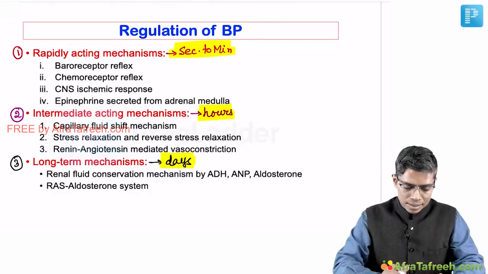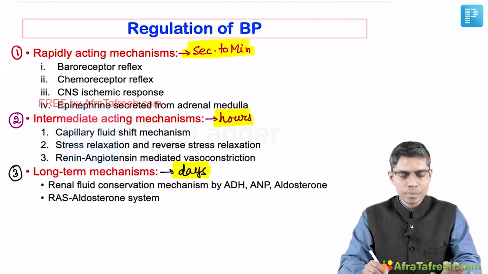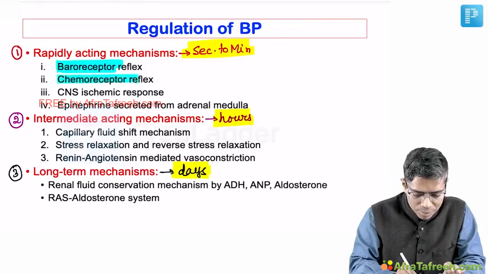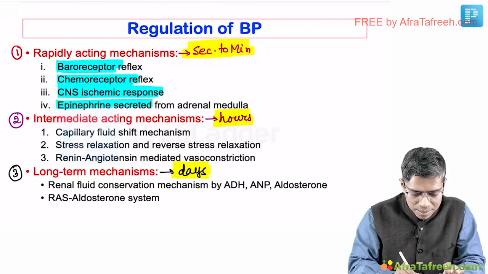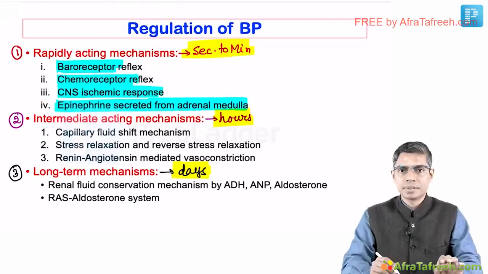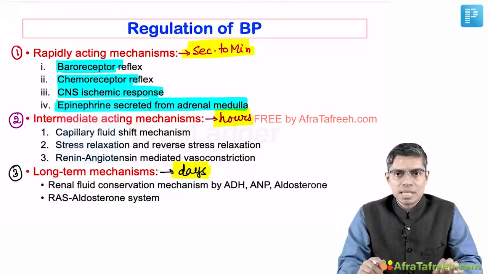Now, under this rapidly acting mechanism, you can find out that many important mechanisms are written: the baroreceptor reflex mechanism, the chemoreceptor reflex mechanism, CNS ischemic response, and epinephrine and norepinephrine secreted from adrenal medulla. Right? So all of them are under the rapidly acting mechanism.